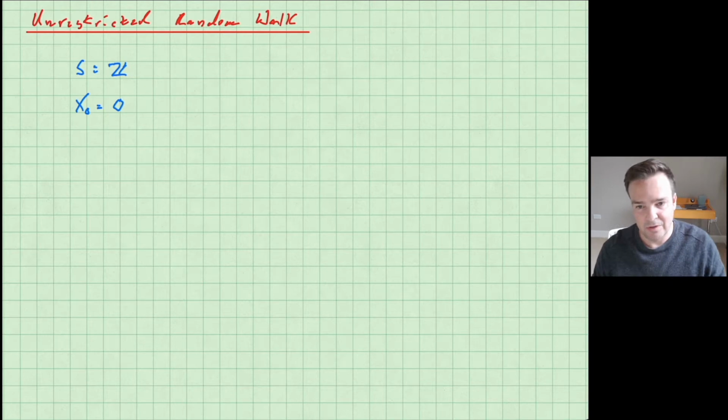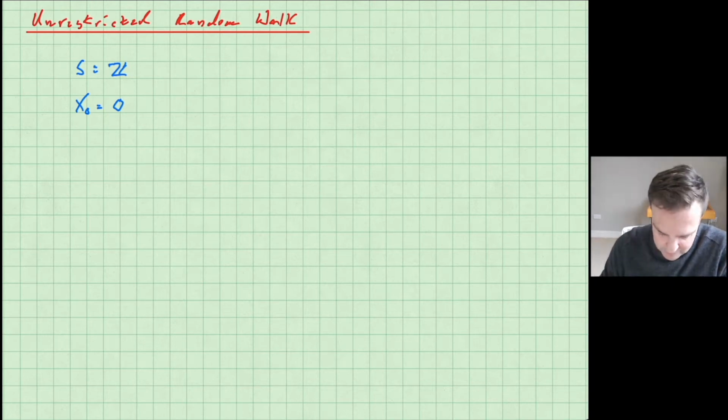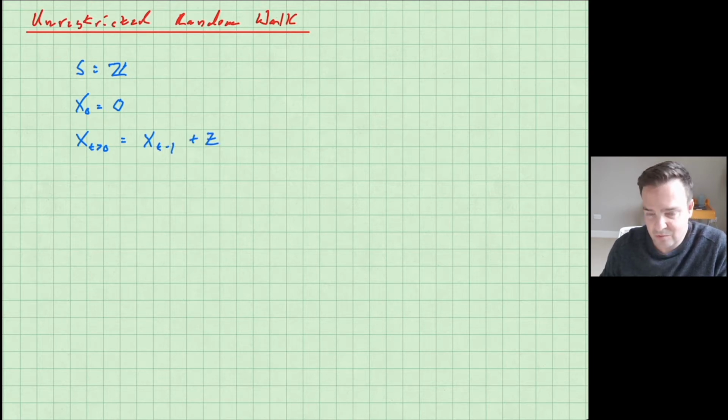That's where we'll start. And for any time past the initial point, we say that x of t, for t greater than 0, is equal to whatever it was at the previous step plus a random number z, which is the same structure that we've been using before.